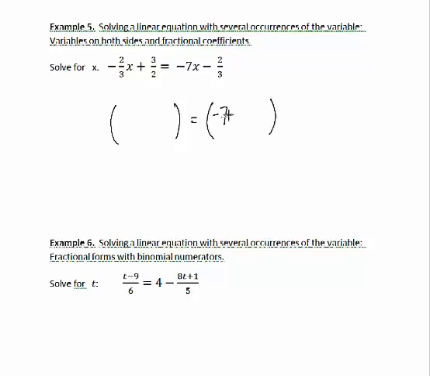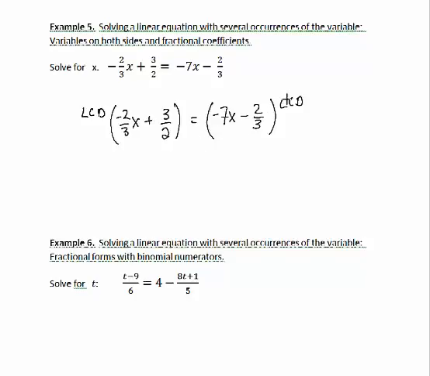We take the two sides of the equation, left side, right side, and we are going to multiply by the lowest common denominator, whatever that may be, on both sides. And that will wipe out the denominators.